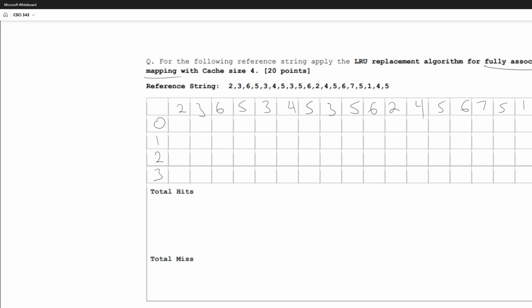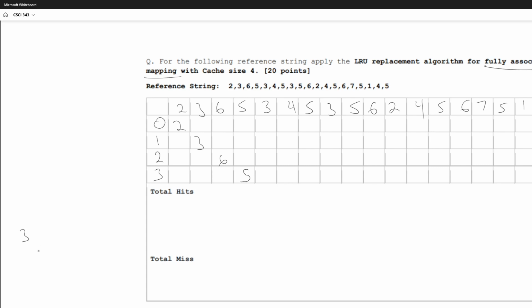So 2, 3, 6, 5. 3 is going to be a hit. I'm going to keep track of it here.